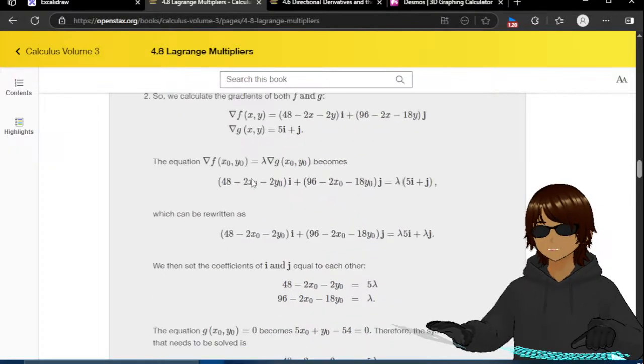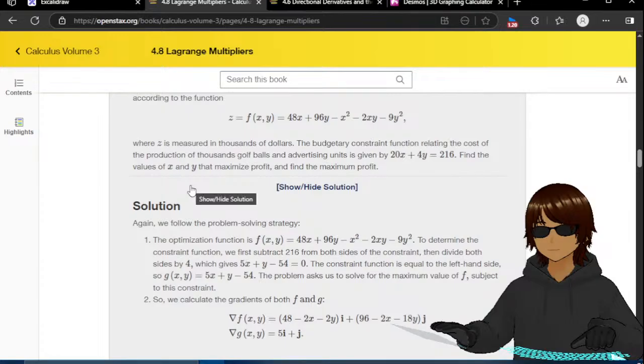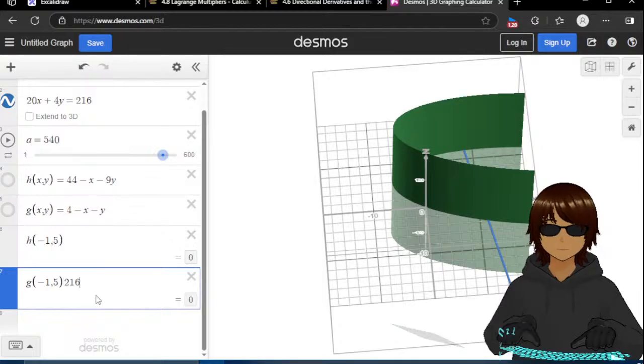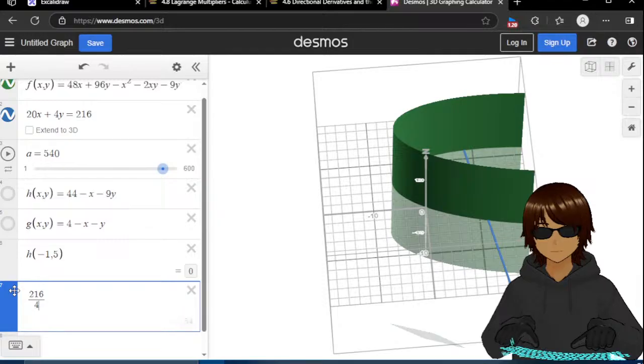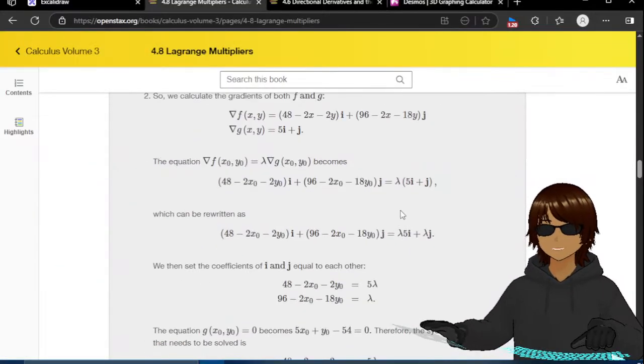And if you set this to 0, where did they get this equation from? You divide each side by 4. Okay, that's where g of xy came from.